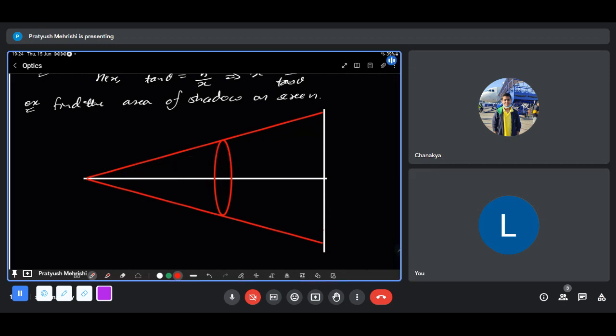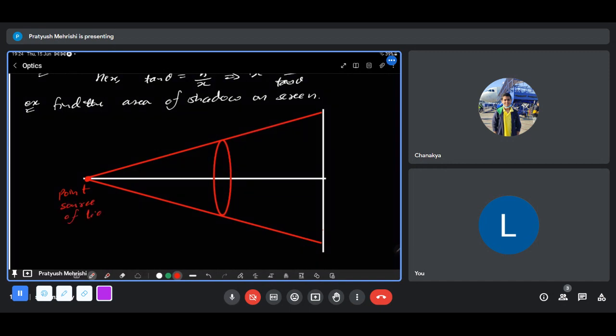Here it is a point source of light. This red dot is a point source of light. This point source of light is kept at a distance d, and this opaque disk is given of radius r.